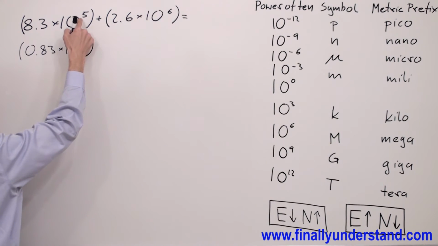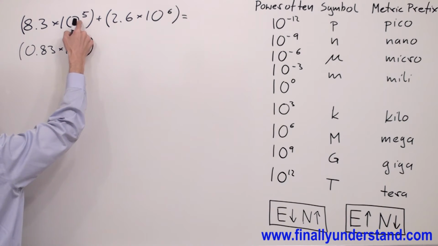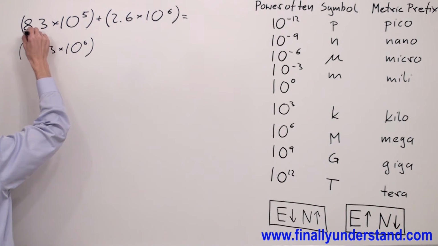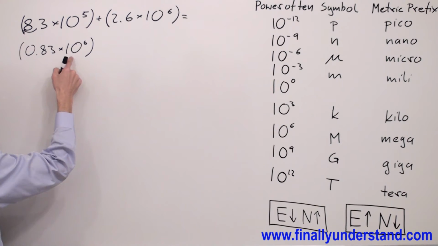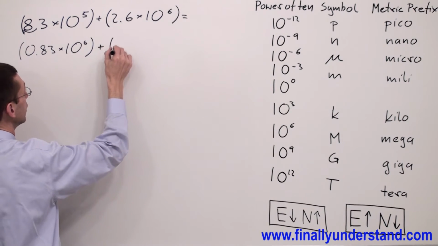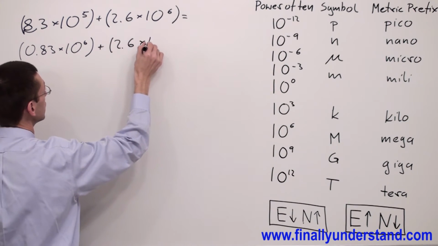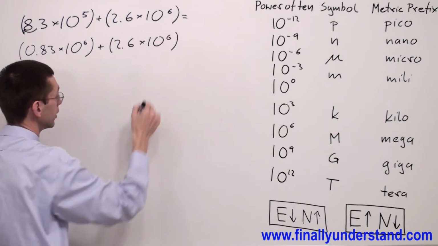I made the exponent bigger, that's why my number gets smaller. I move my decimal point once to the left, that's why I get 0.83 times 10 to the 6 plus 2.6 times 10 to the 6.